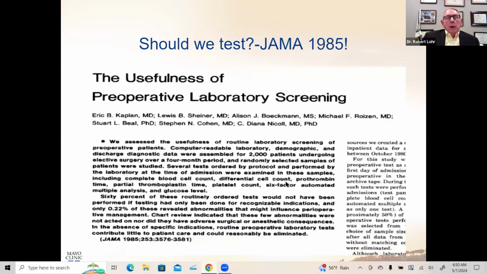Now, I don't put this slide up for you to read it, it's too small, but I do want to point out that this is not a new problem. This was published in JAMA in 1985, so probably before some of you were born even. This was a retrospective study, they looked at all the pre-op testing done on 2,000 patients.